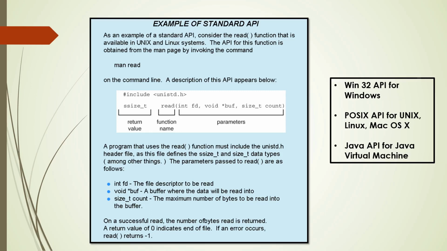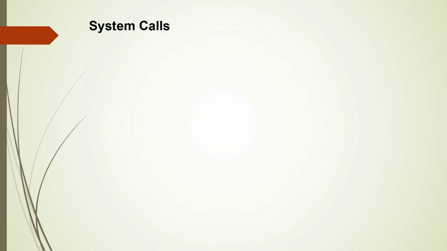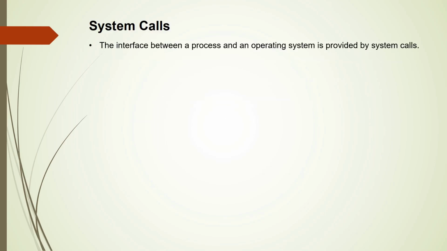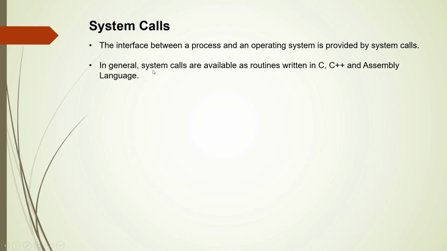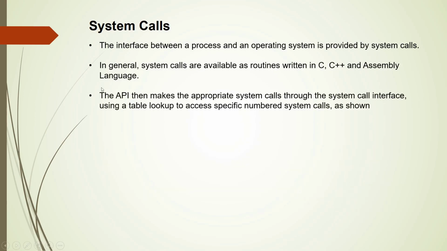Now we are in a stage to go to the definition of system call. So what is a system call? A system call is nothing but the interface between a process and the operating system. In general, system calls are available as routines. Routines are nothing but programs which are written either in C, C++ or assembly language. The API makes the appropriate system call.